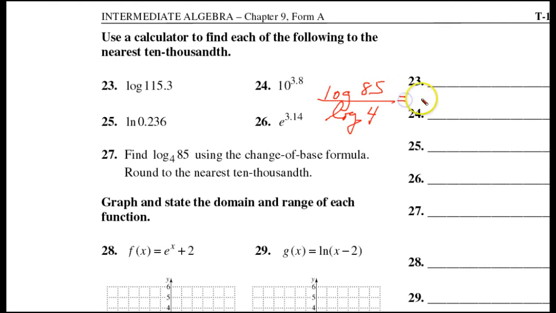And you round to 4 decimal places. And I did that. We got 3.2047.